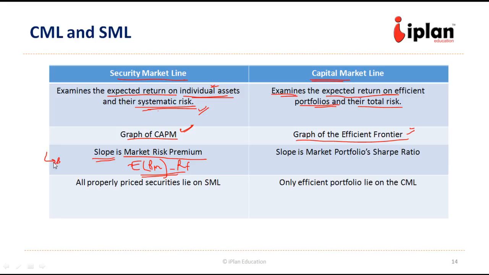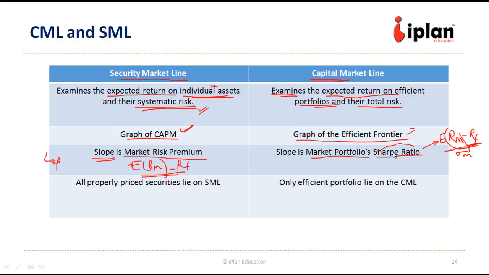In the case of the capital market line, the slope is the market portfolio's Sharpe ratio. So the Sharpe ratio is nothing but RM minus RF divided by sigma of market. So the expected rate of return of market minus RF, which will give us the market risk premium, divided by sigma m, the market standard deviation. This is the Sharpe ratio. So this is the slope of the capital market line.